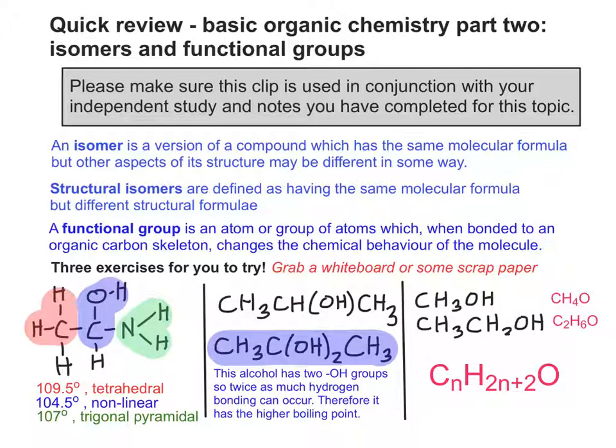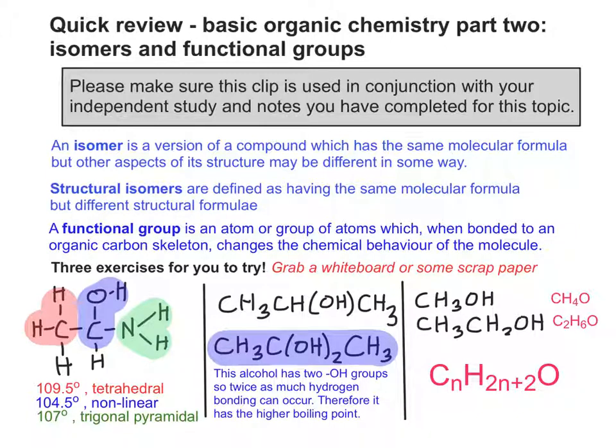In the case of the third exercise, you can easily use the molecular formulae to work out the algebraic relationship between carbon, hydrogen and oxygen. So 1 carbon, 4 hydrogens is CnH2n+2, just like methane. But there's an oxygen as well, so therefore CnH2n+2O.